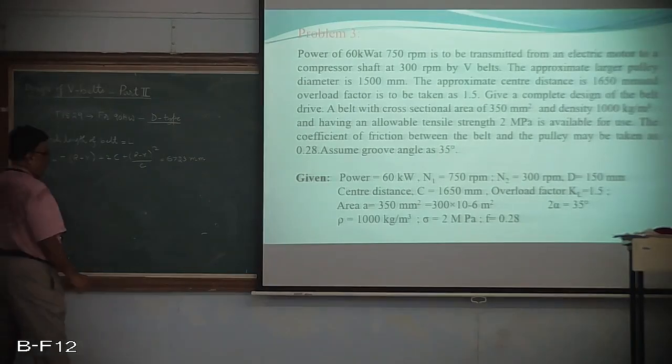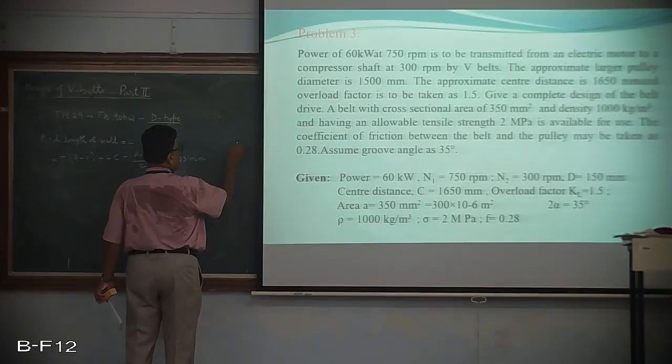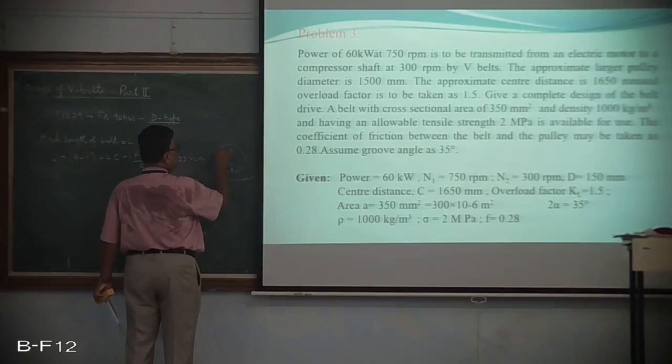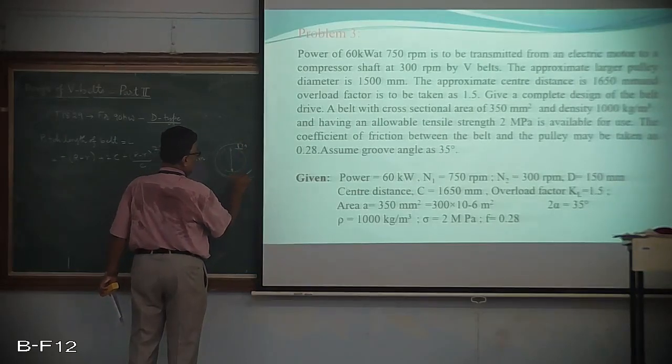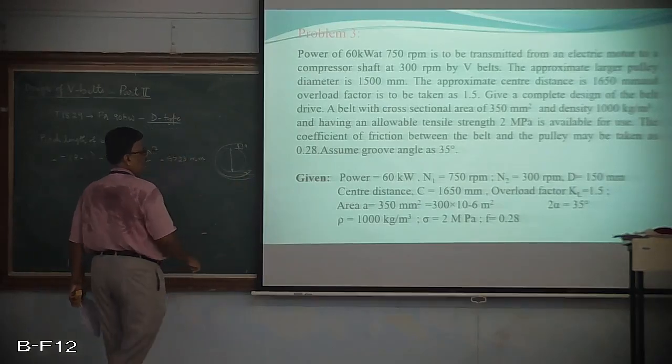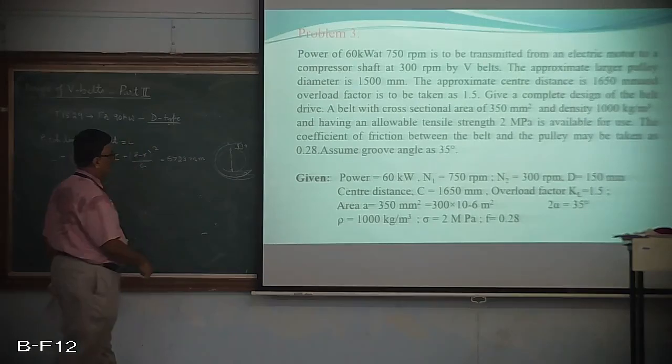As I told you, if you look at the belt size, this is called the nominal pitch length and this is called the inside length. For D type of belt, this distance is always taken as 79. Whereas what we know is the whole belt, which is 6723.